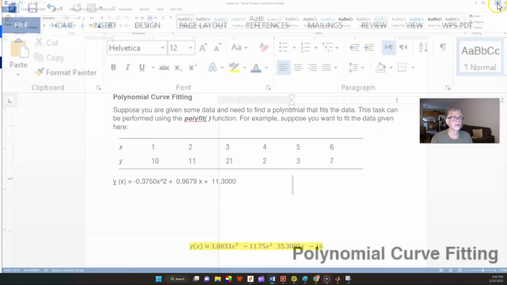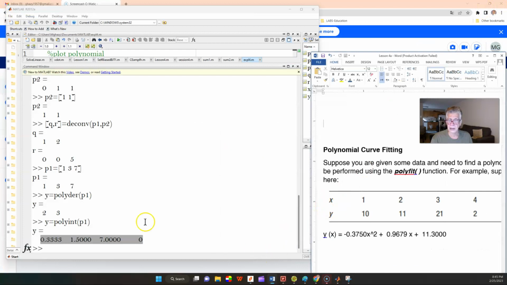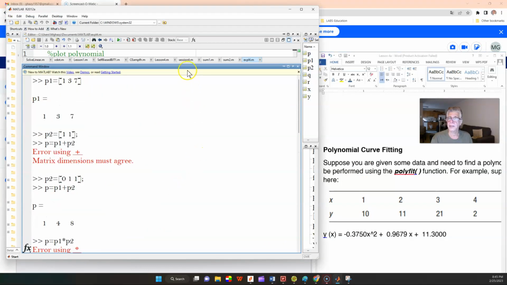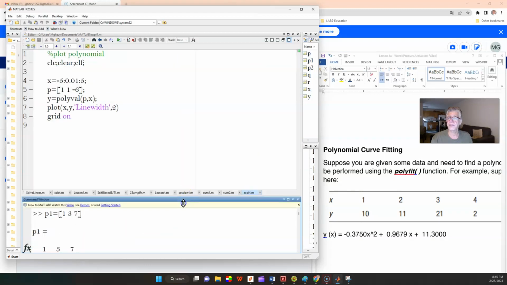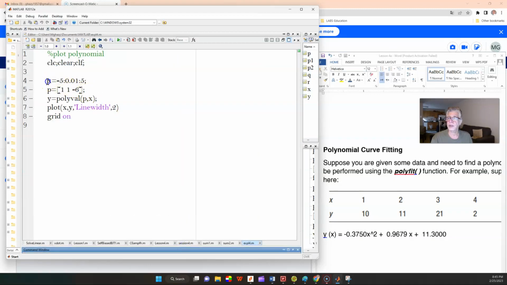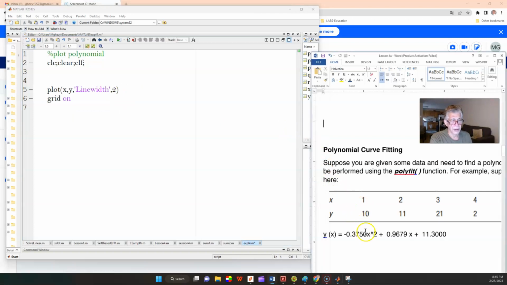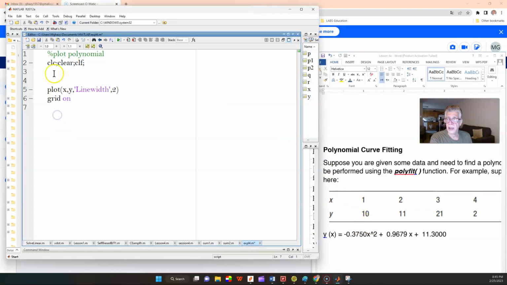Let's minimize this and go back. Let's erase this one. The data I have here, x is equal, I enter the x's.